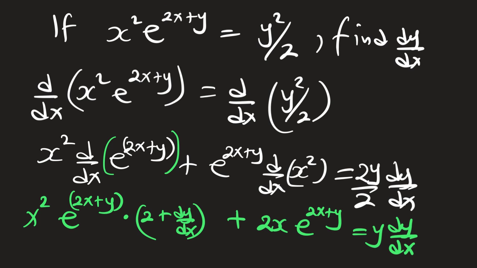So the next step is to collect like terms and bring the dy/dx terms together. I have a dy/dx on the right hand side. What I want to do is get the term on the left hand side involving dy/dx and move it to the right hand side.